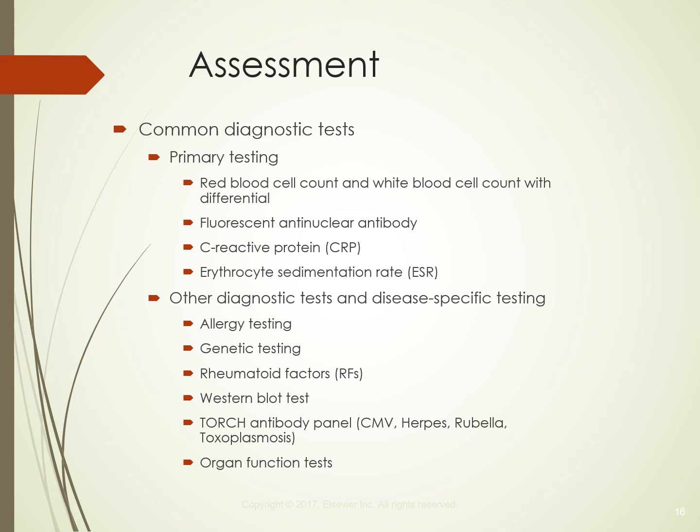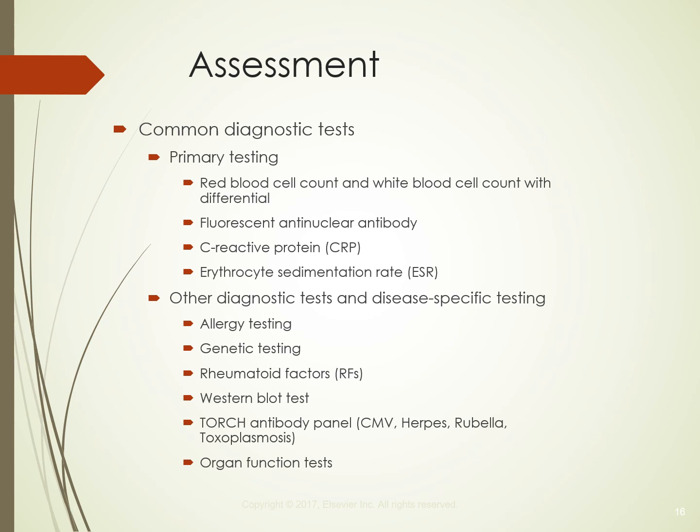Common diagnostic tests. Primary testing. Lab and diagnostic testing begins with basic blood tests to determine red blood cell and white blood cell counts with differential evaluation. A fluorescent antinuclear antibody test is standard in the evaluation of potential autoimmune diseases. Screening tests such as C-reactive protein and ESR, erythrocyte sedimentation rate, may also be done.